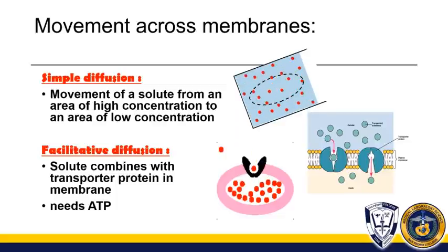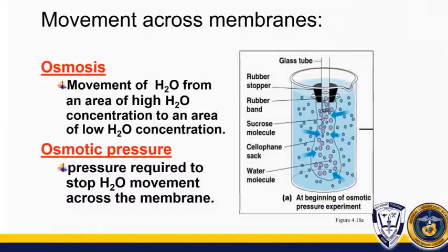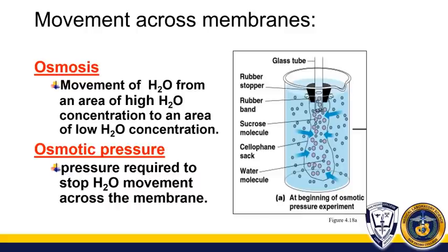There is either simple diffusion and facilitated diffusion across membranes from an area of high solute concentration to an area of low concentration. On the other hand, high water concentration inside or outside the bacterial cell can also have an effect on its growth or survival due to osmosis and osmotic pressure.